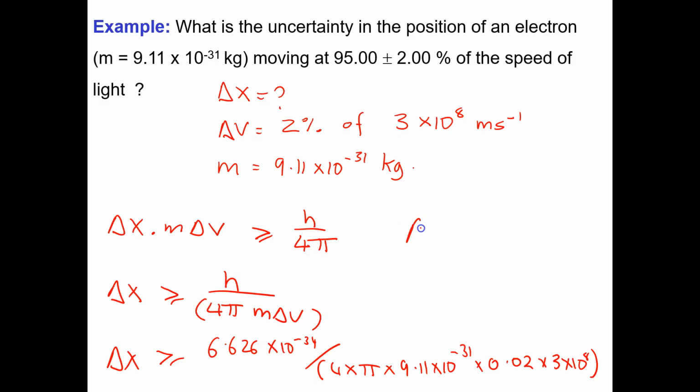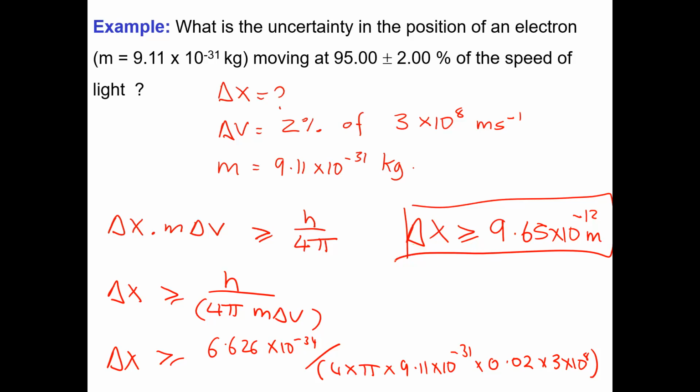And so the uncertainty in the position is, to 3 significant figures, this many meters. So it's not much, but you can perhaps see that that is close to 10% of the diameter of an atom. So it's a significant uncertainty, right? It's important for what we are looking at.